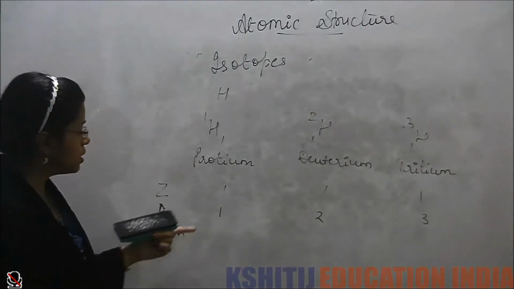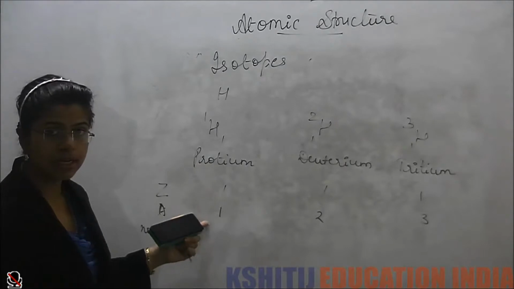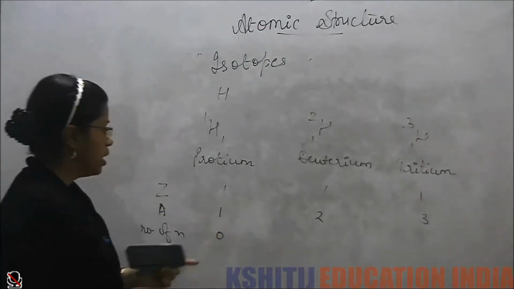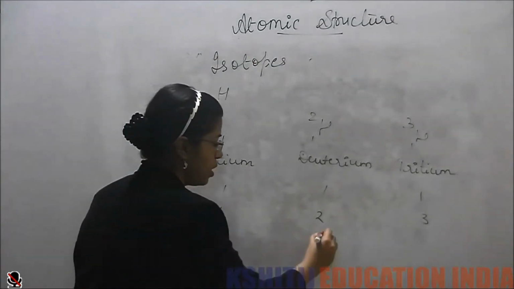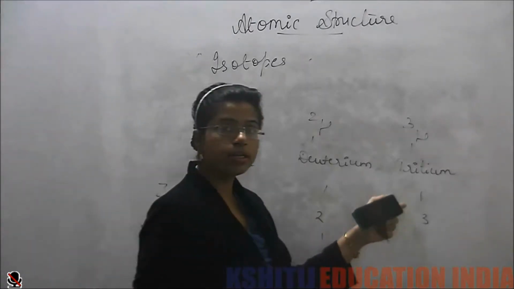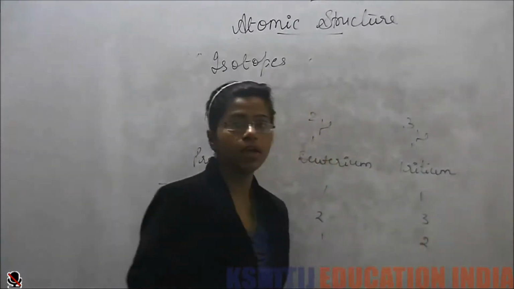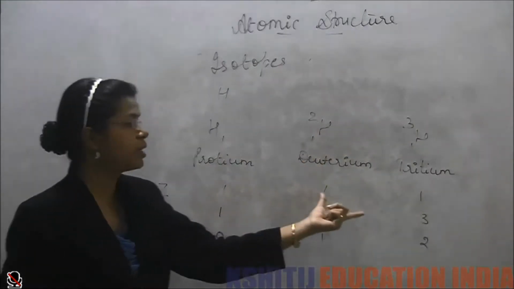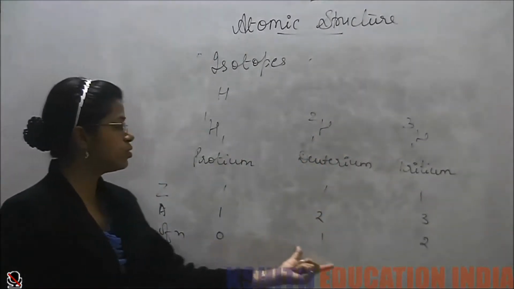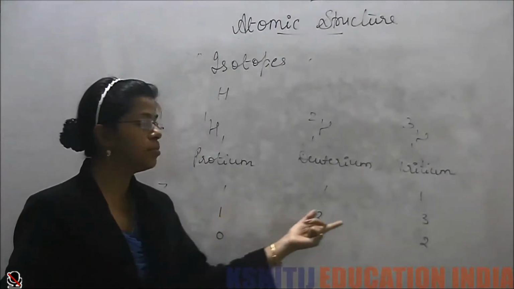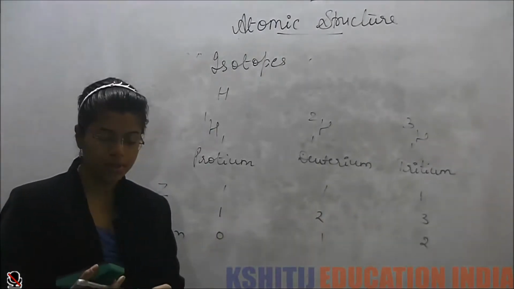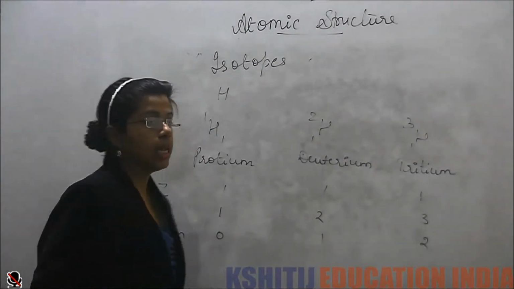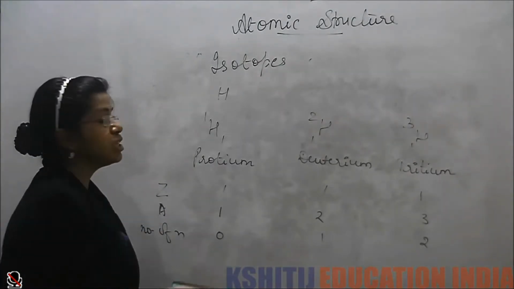Number of neutrons in this case 1 minus 1, 0. Here 2 minus 1, 1. And here 3 minus 1, 2. Right? So you can see these three isotopes have same atomic number but different neutron numbers, therefore different mass number also. Okay. The next term that we would see is isobars.